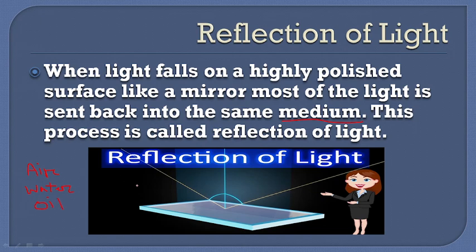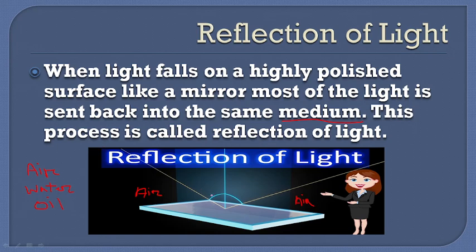When a mirror is placed in a normal room, the medium is air. Here the medium does not change. When light falls on the mirror, it first strikes the mirror, then gets reflected back into the same medium.